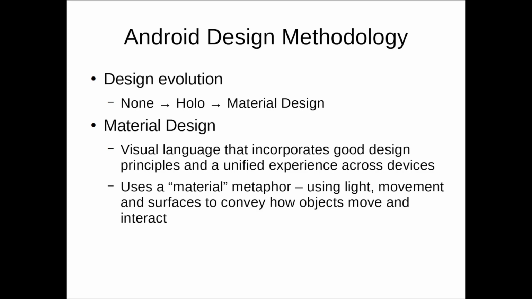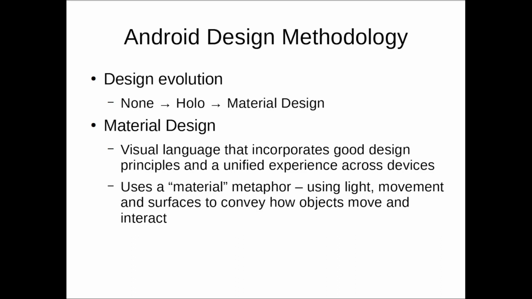This was in contrast to other mobile platforms at the time, such as iOS, that from the beginning had a design language and a guideline at the time referred to as skeuomorphism that essentially guided, if not controlled, how applications should look.